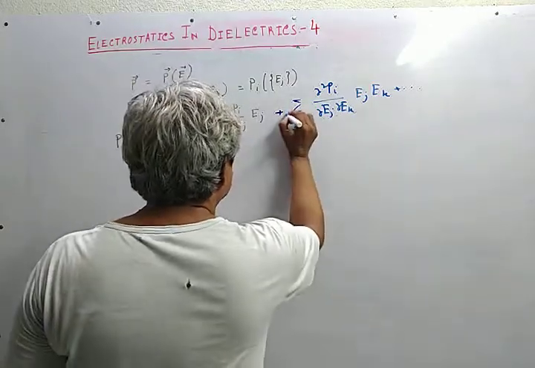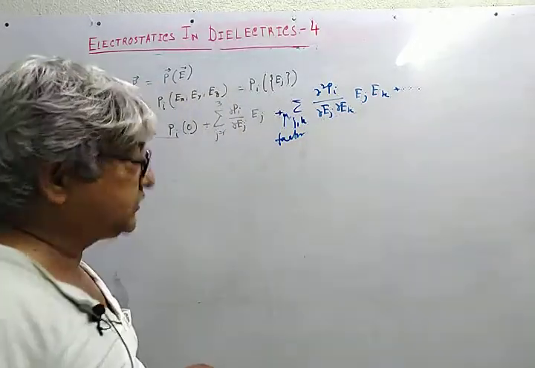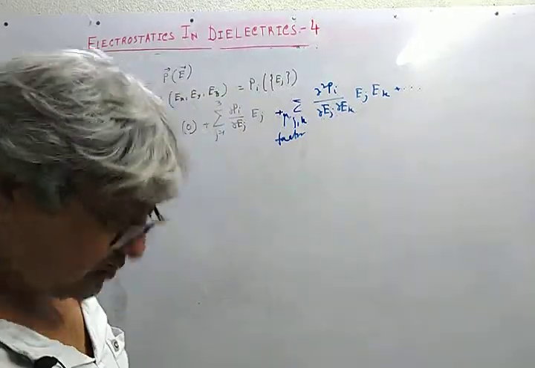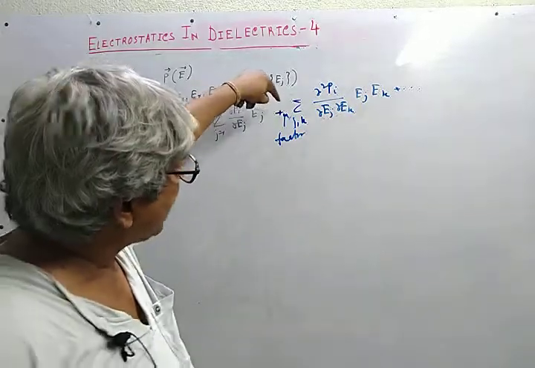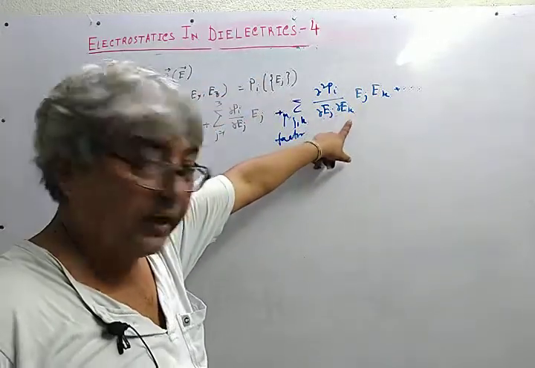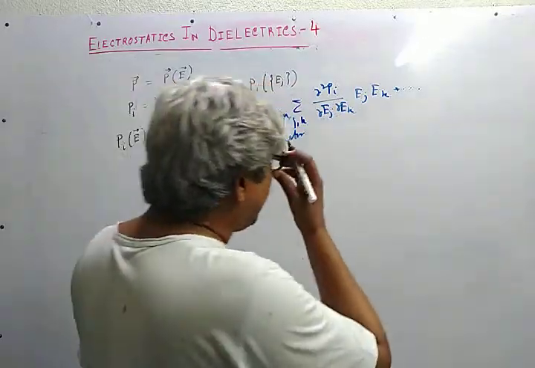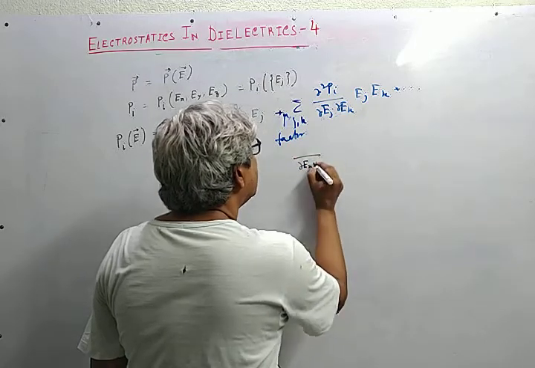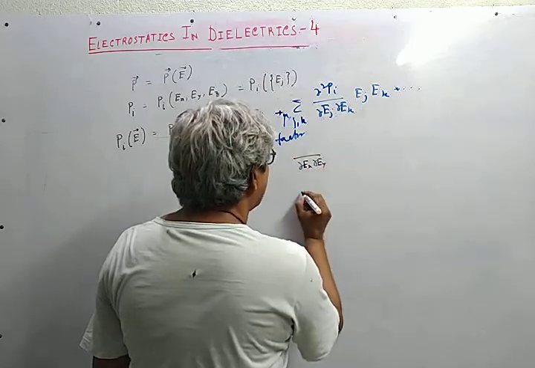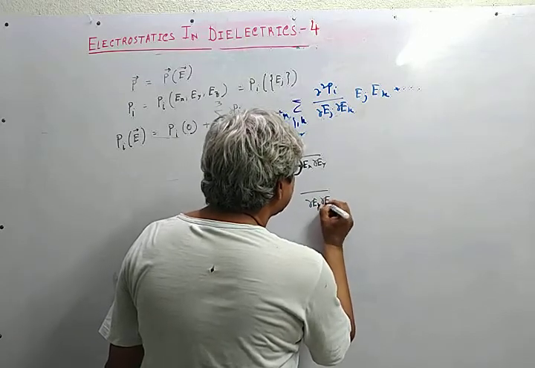Some factor is missing. The factor is that when j and k are the same, the term will come with weightage 1, and when j and k are different, it will come with a factor 2, because there will be a term like ∂E_x ∂E_y, and another term ∂E_y ∂E_x, which are the same.